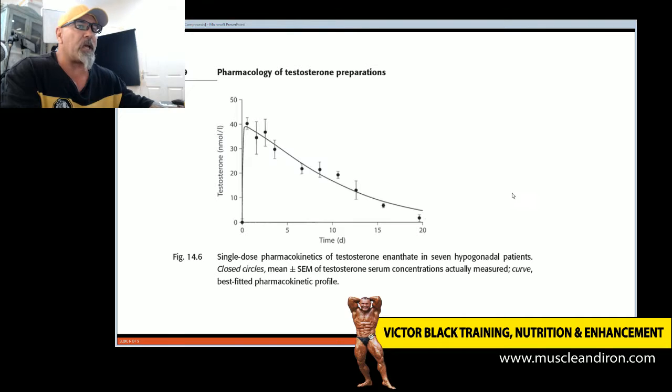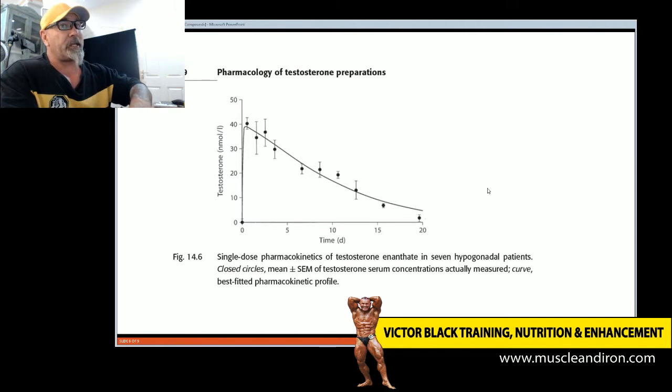So this is a graphical representation of the pharmacology of testosterone enanthate, and it shows a dramatically sharp peak at the beginning of administration, literally within days, that then slowly tapers off and falls to a low.